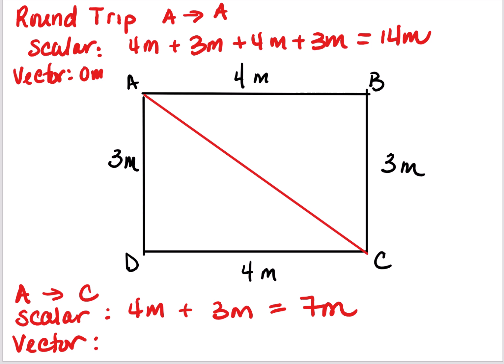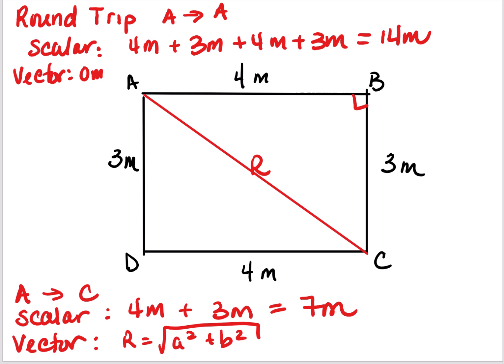So my shortest path from A to C, if you notice, is the diagonal of this rectangle. Since this forms a right triangle, to find the shortest path we must use the Pythagorean theorem. So R, if we label the resultant R, is going to equal the square root of A squared plus B squared.